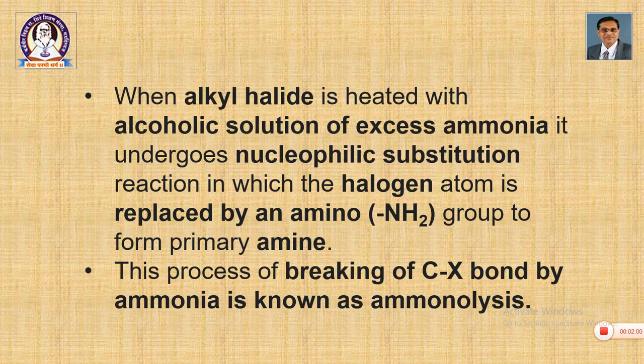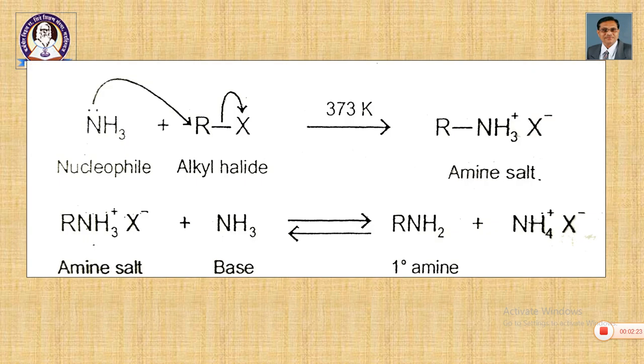This process of breaking of the C-X bond by ammonia is called ammonolysis. So I will repeat once again. The reaction begins with alkyl halide and excess ammonia. The solvent system is alcoholic medium, and the reaction is nucleophilic substitution, in which the halogen is replaced by an amino group. This process is called ammonolysis.